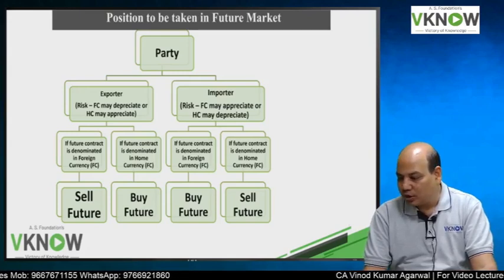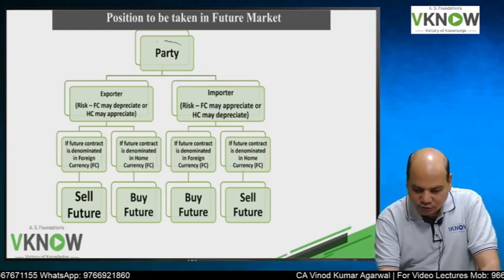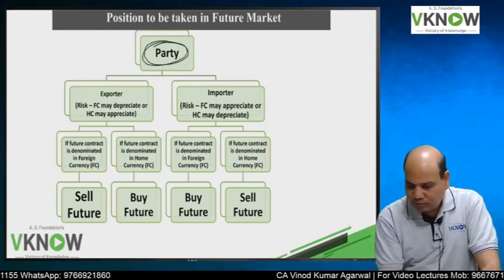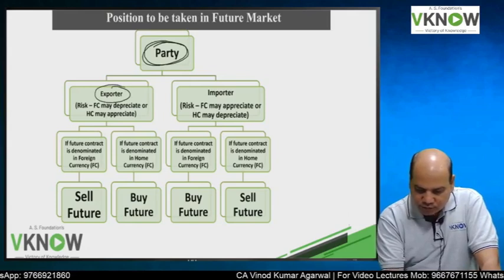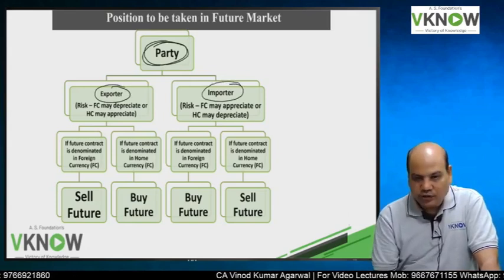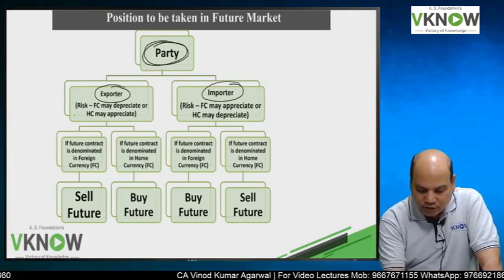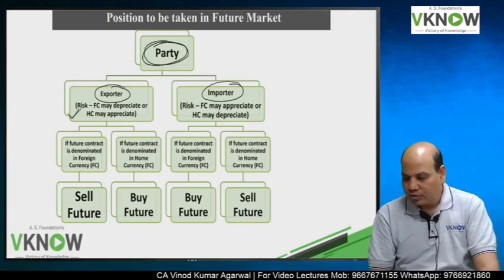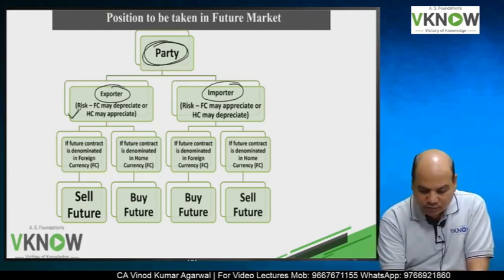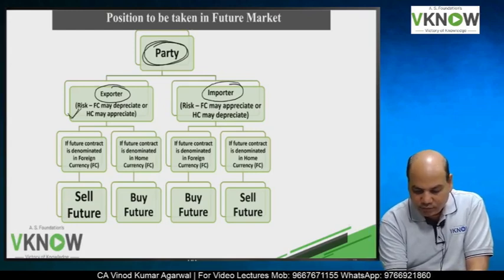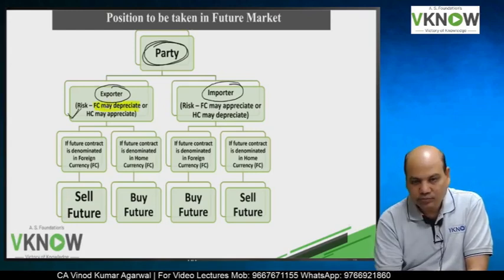Okay. So whenever you have doubt in future, you can refer to this chart. First you identify who is the party. Is he an exporter or is he an importer? If he is an exporter, what is the risk involved? The risk is that foreign currency may depreciate.